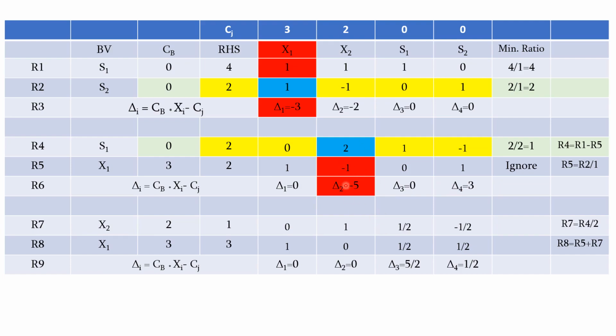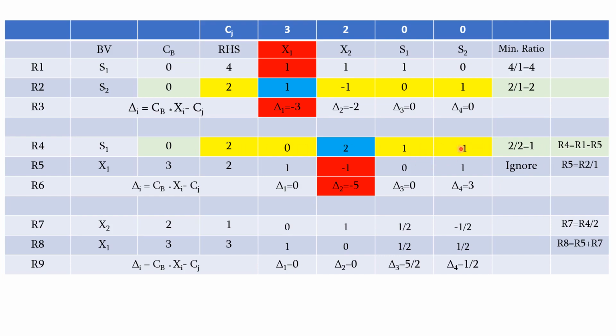RHS divided by this: 2 divided by 2, 1. 2 divided by minus 1 is a negative value. If you get a negative value or infinity in the min ratio column, you have to ignore that. So there is only one value, so this is the minimum. So this row is the pivotal row.